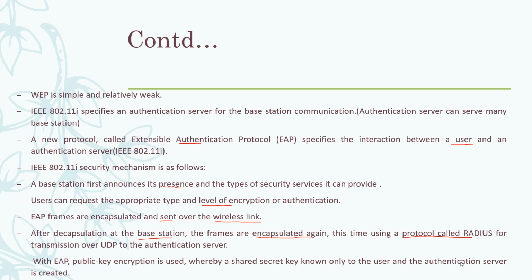It uses UDP as the underlying protocol to the authentication server. So from the user, first the packet goes to the base station, where decapsulation takes place and the frame is encapsulated so that it can reach the appropriate authentication server. RADIUS uses UDP as the underlying protocol to transmit the EAP packet.